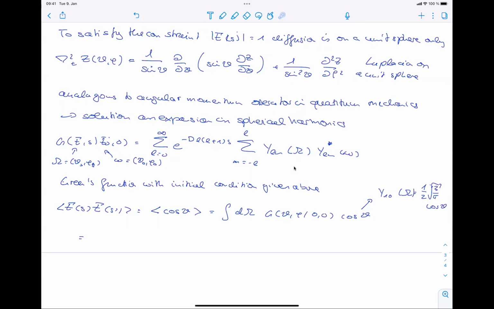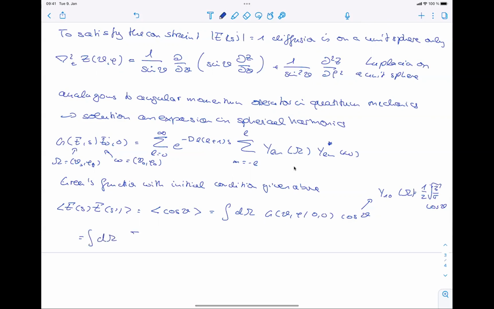So I can write this term as a spherical harmonic, and then I can use the orthonormality of the spherical harmonics.